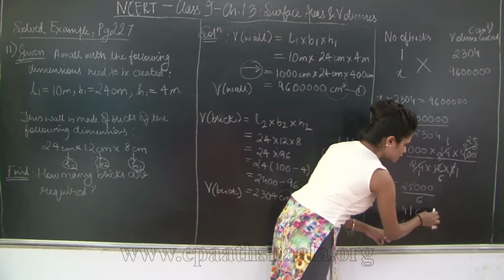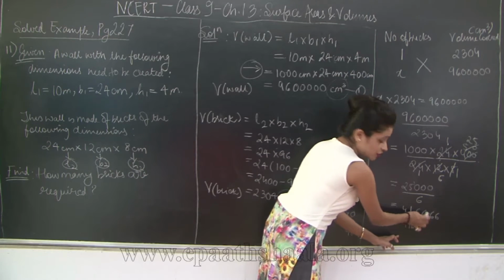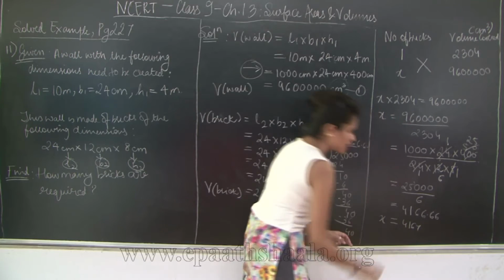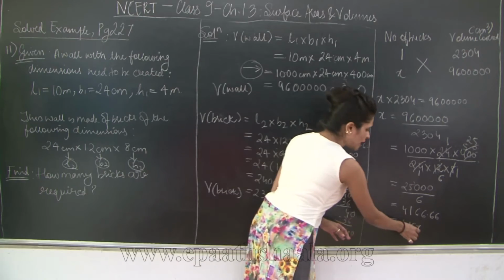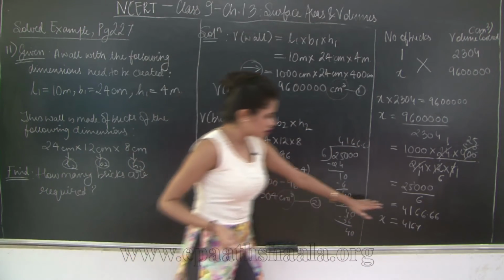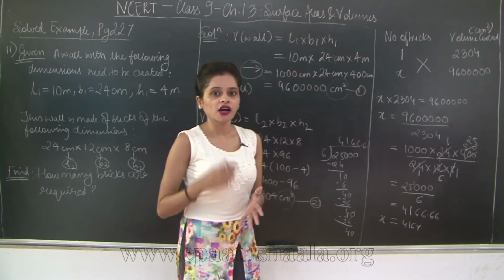Because this number out here is greater than 5, I'm just adding 1 to this number just before the decimal. So this becomes 4167. This is the number of bricks that is required. So I will write down my answer. Now see, why am I rounding this up is you cannot have bricks in fractions, right? The brick is going to be an entire whole.